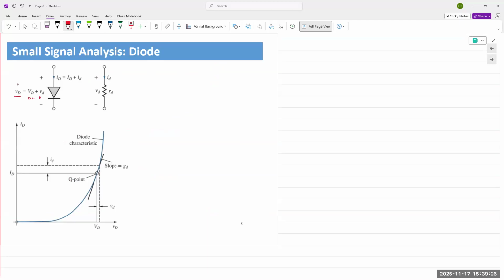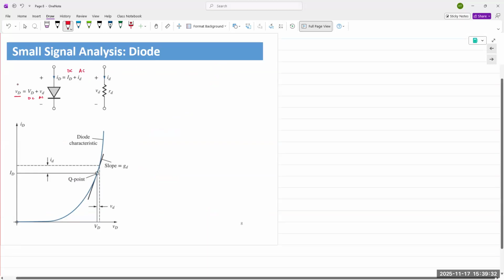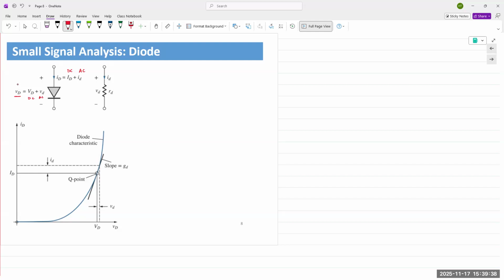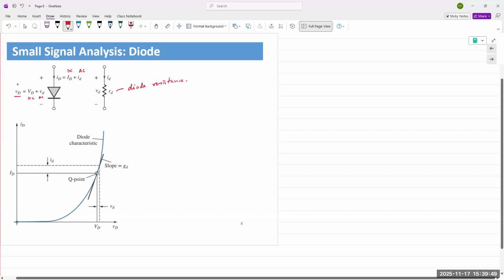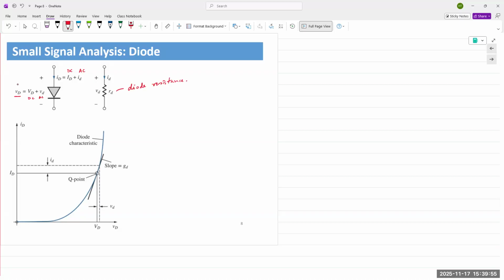So this is DC, this is AC voltage. Your diode current ID is DC current plus AC current. So total current is VD and ID is listed over there. And we're modeling this as a resistor with resistance RD, the diode resistance. This is again simply the small signal model for a diode.